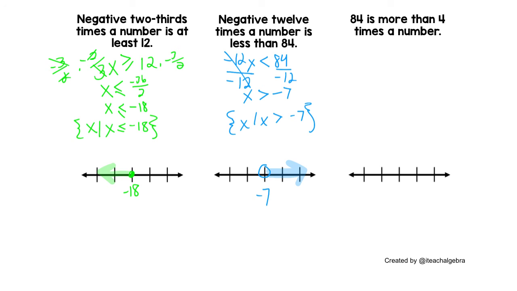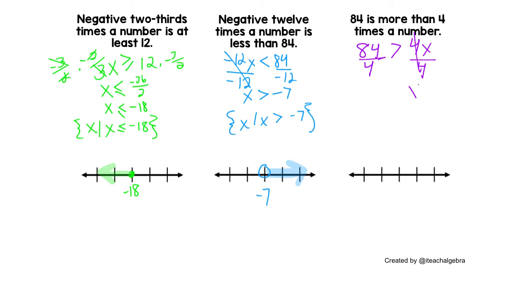Last one for the day. 84 is more than 4 times a number. Just flipped it around a little bit this time. So we want to get x alone. We'll divide both sides by 4.